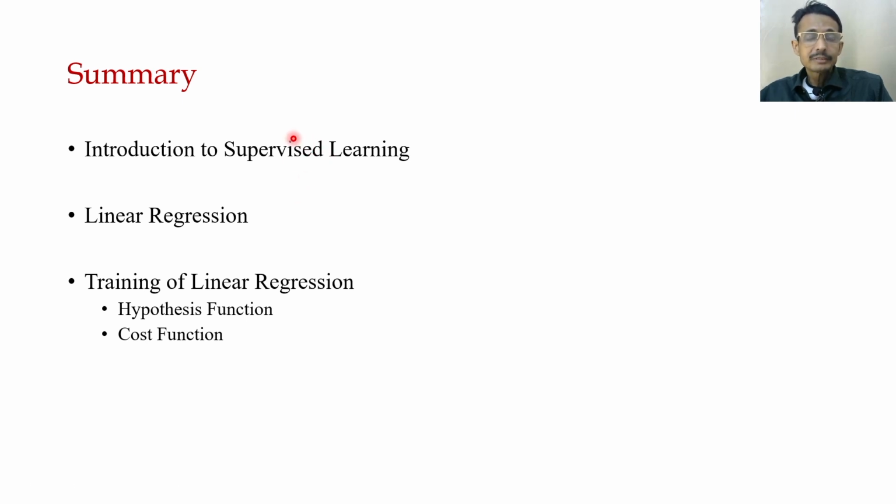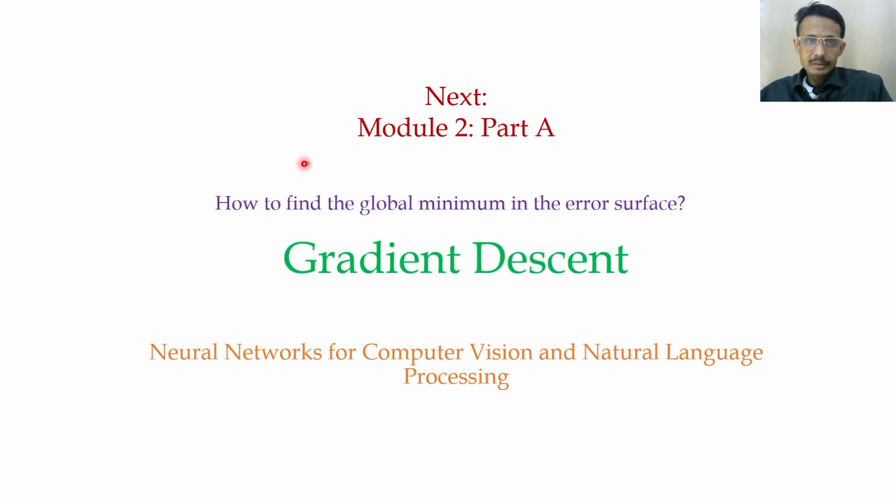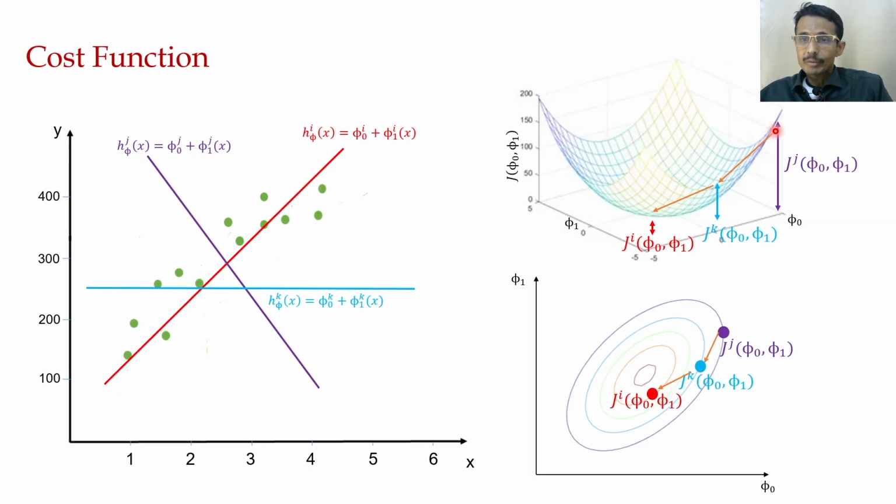So what we have discussed in this lecture is that we introduced supervised learning. Specifically, we discussed linear regression, and how we train our linear regression model. We defined the hypothesis function and the cost function. In the next module, module 2, we will see how, on this particular surface, from here we can come to here and come to here.